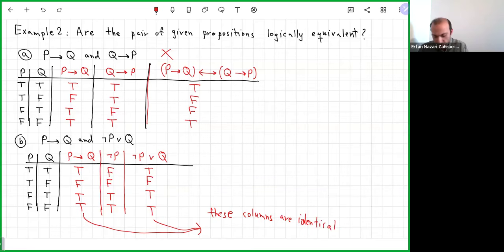So basically what I proved is P implies Q is equivalent to not P or Q. I proved that these two are logically equivalent. Okay, that's two very simple examples using truth tables. Any example with a truth table is very straightforward.